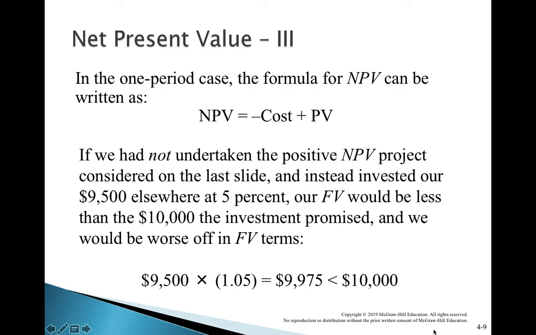So you will invest this 9,500 in another project, get 1.05 as the rate of return, and future value will be 9,975. But this investment was giving you 10,000. So 10,000 is better than 9,975. So you should accept this one, not invest somewhere else at 5%. That's why this is a profitable one.